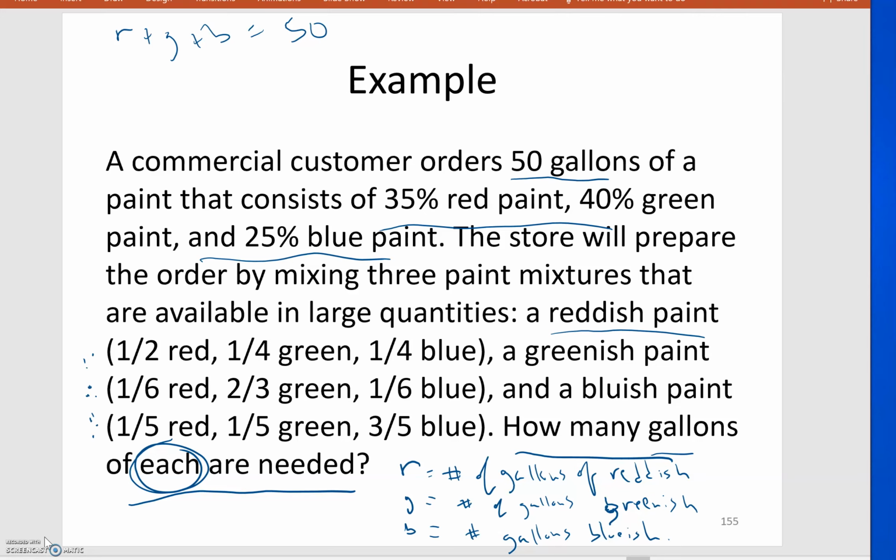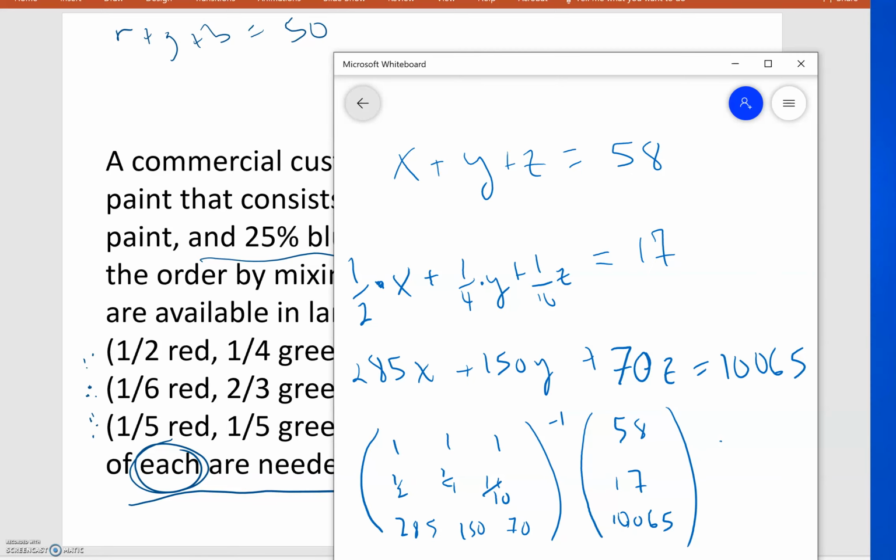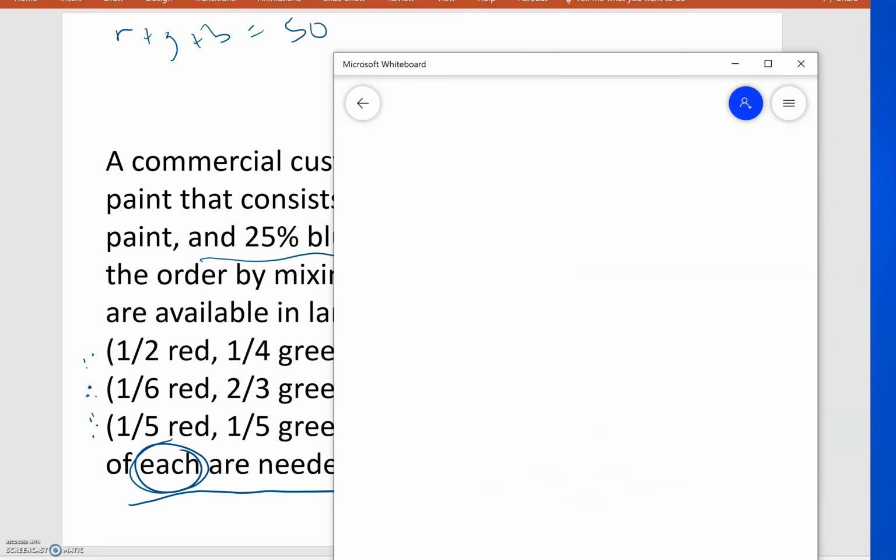In addition, I can write several equations. Let me list them. I can write a red equation. And so the red equation will be the red contributed by each paint.